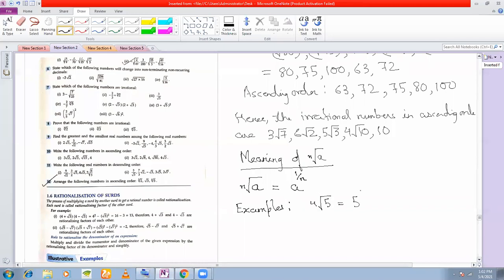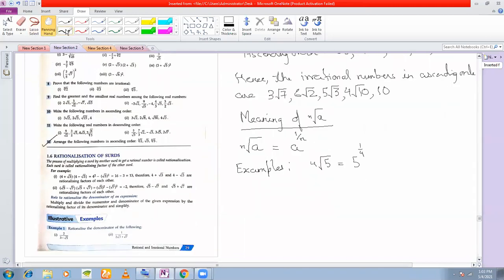This means 5 to the power of 1 by 4. Another example is, suppose I write square root of 3. This means 3 to the power of 1 by 2, 3 to the power of half. Similarly, you can write square root of 5 as 5 to the power of half. You can write square root of 10 as 10 to the power of half, and so on.